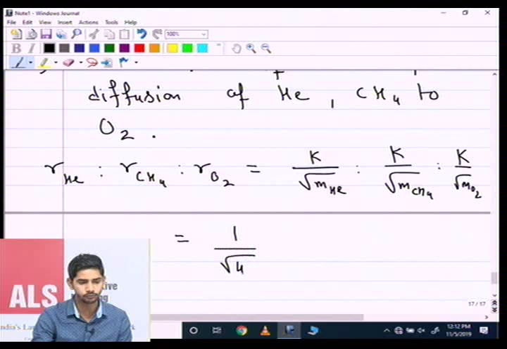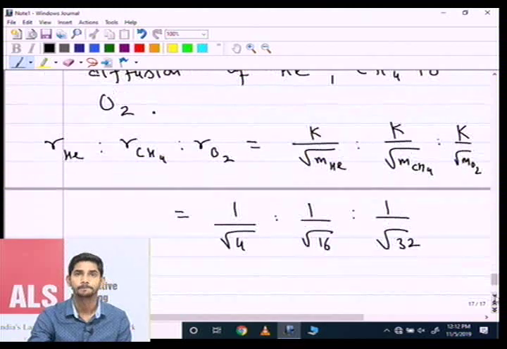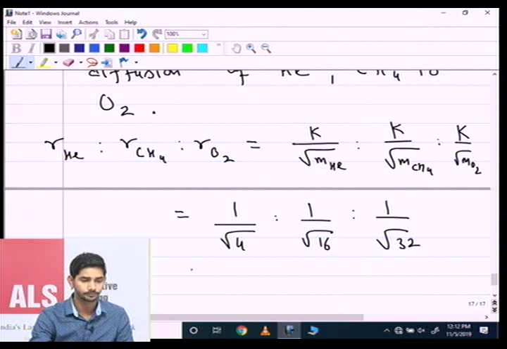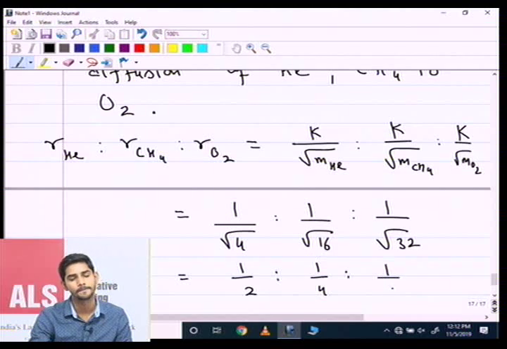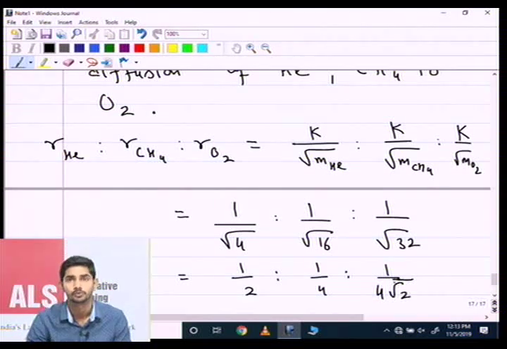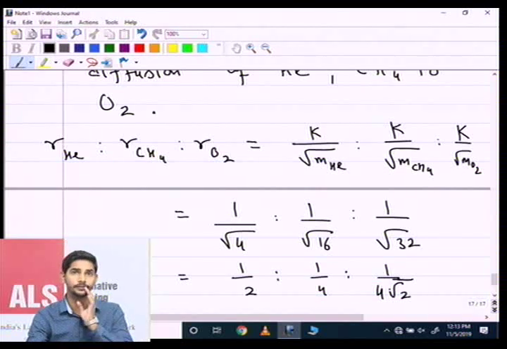This 1 upon root 4 is to 1 upon root 16 is to 1 upon root 32. Okay, so what can we do? We can solve this one. I'll get 1 by 2, 1 by 4 upon 1 upon 4 root 2. So I have told you that do not leave these type of questions in the fractions. Solve this fraction.